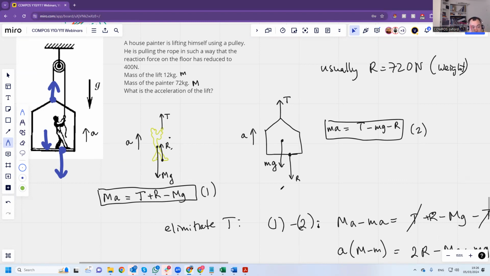So the painter separate, the lift separate. Just like if you're sitting in the car, the car is pushing you up, but you're pushing down on the car.